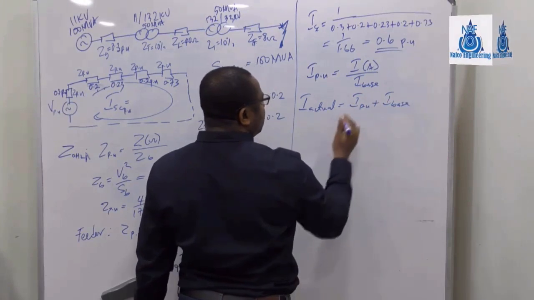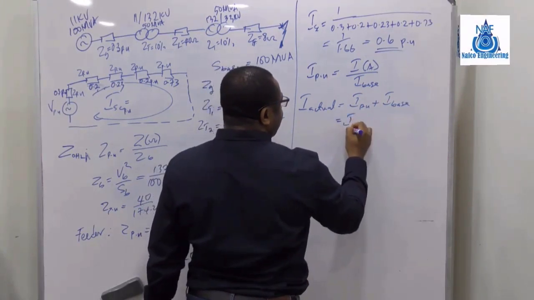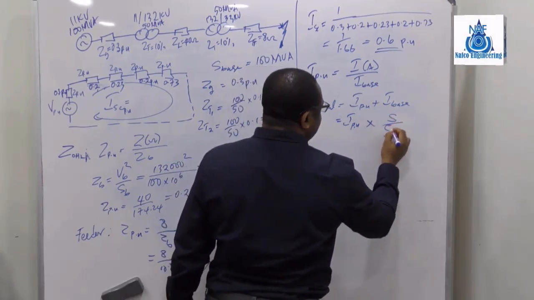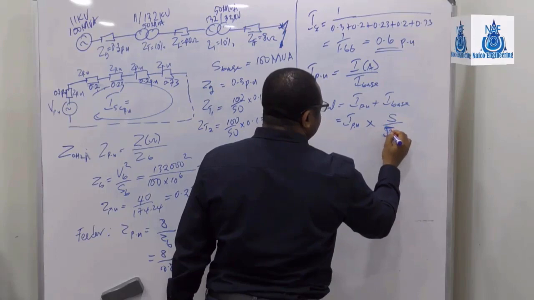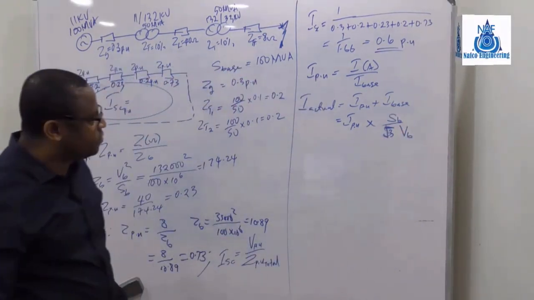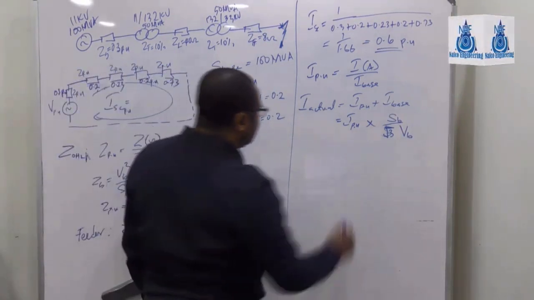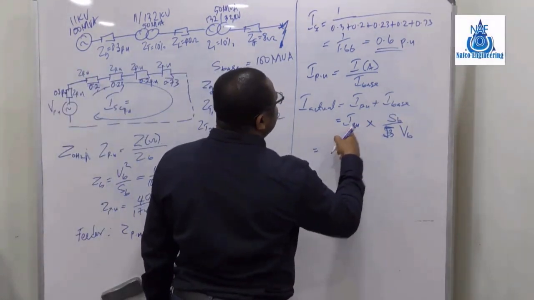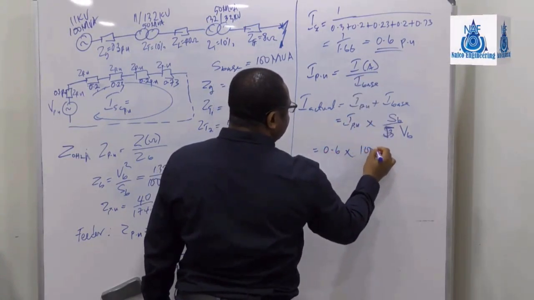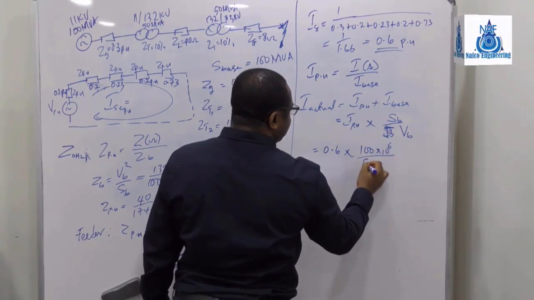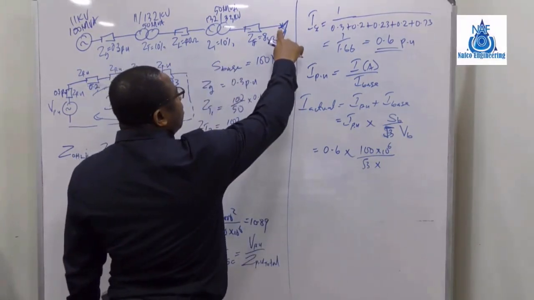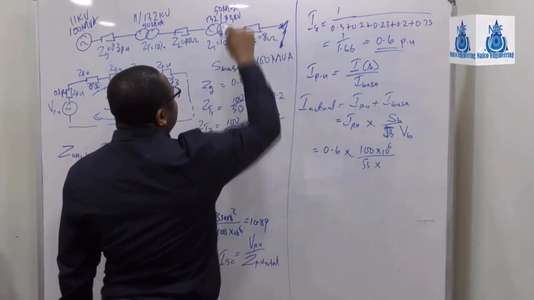From Ohm's law, I base is S base over root 3 times V base, since it's three-phase. So I actual is 0.6 times 100 times 10 to the power 6, divided by root 3 times V base. Now, what V base are we using? If I'm looking at the fault here, the voltage there is 33,000.